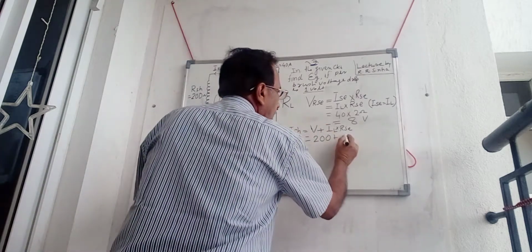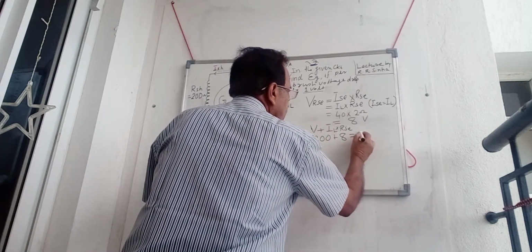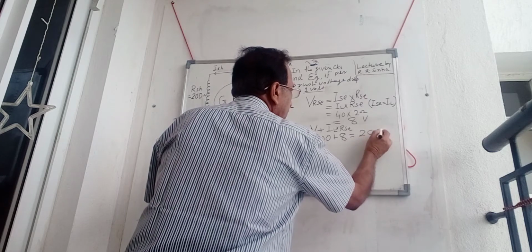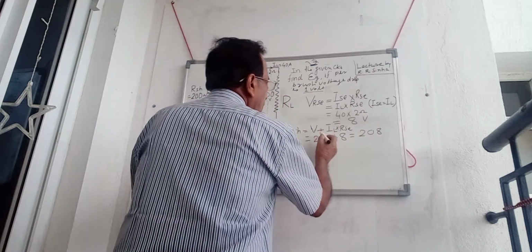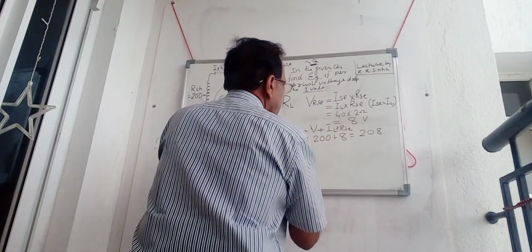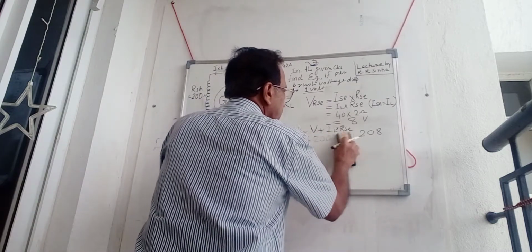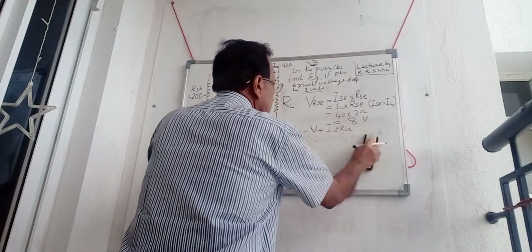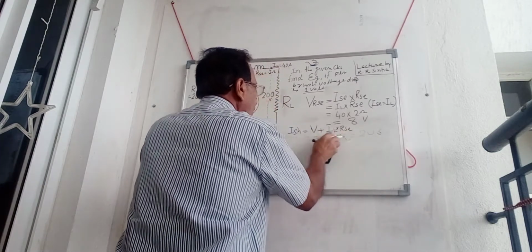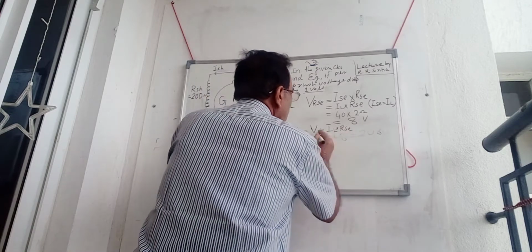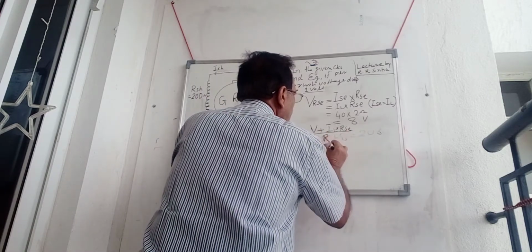So 200 plus 8 is 208, divided by RSH. The formula is ISH equal to (V plus IL into RSE) divided by RSH.